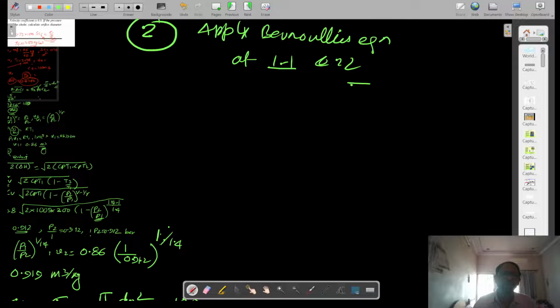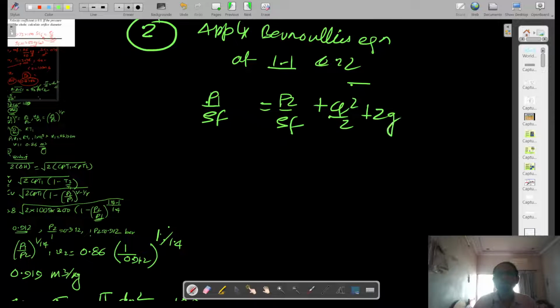So if I apply that, P1 by rho f is equal to P2 by rho f plus Cf square by 2 plus Zg. If I modify this equation, I get P1 by rho f minus P2 by rho f minus Zg is equal to Cf square by 2.